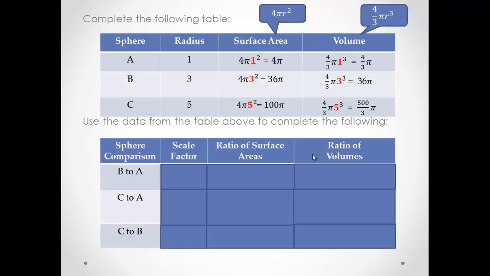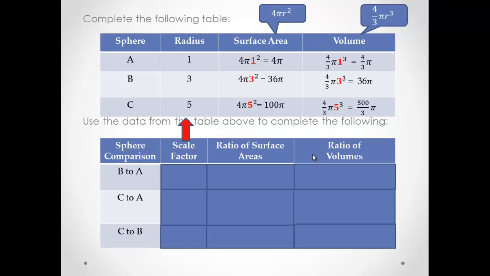And the last one, if we multiply 5 to the power of 3, it becomes 125. It simplifies to simply a fraction. We could leave it at that. You could put it into a decimal if you wanted to, but let's just leave it at 500 over 3 times pi. So now what we're going to do is use these values to compare, well, first of all, scale factor.